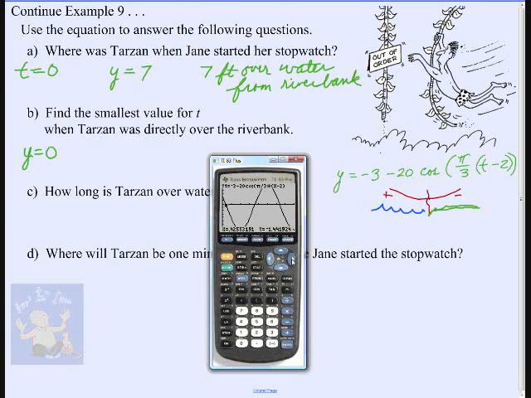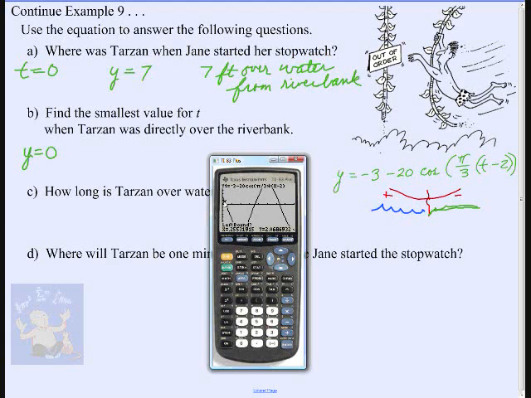We're looking for y being equal to 0. Well, we're pretty close, but if we want to get exact, I'll show you what we can do. Second function, calculate, that's on trace, and we want to find the 0 for this function. That is, where does y equal 0?